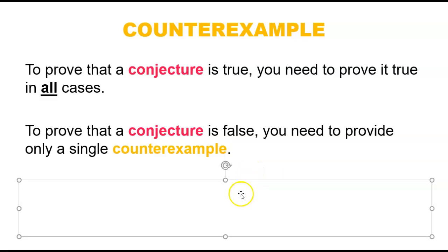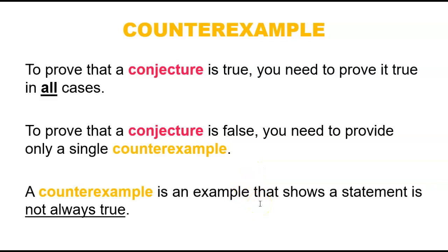And a counterexample is an example that shows a statement is not always true. So to prove it true, it has to happen all the time. To prove it false, you just need one time it did not happen, or one time it was not true, and that makes your statement false. So a counterexample is when we prove that something is not true.